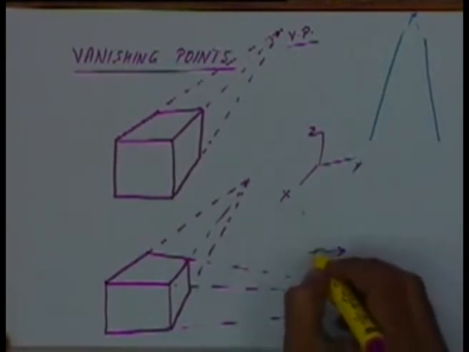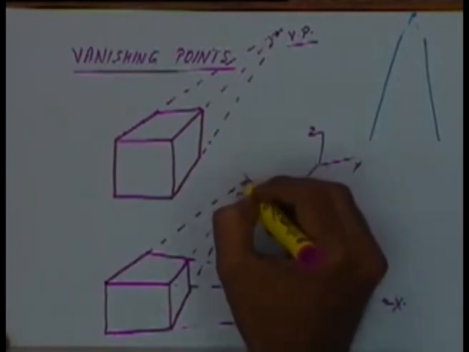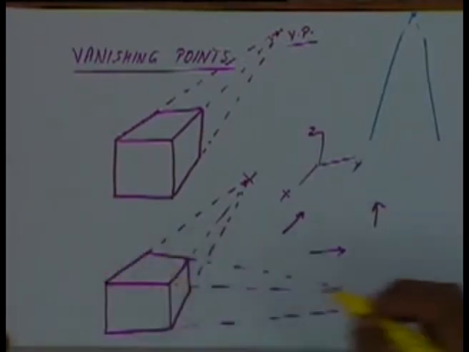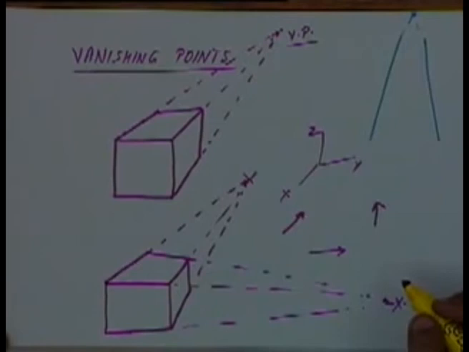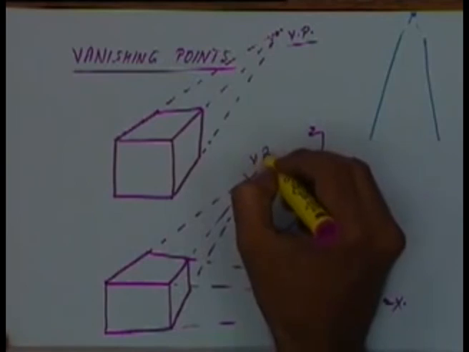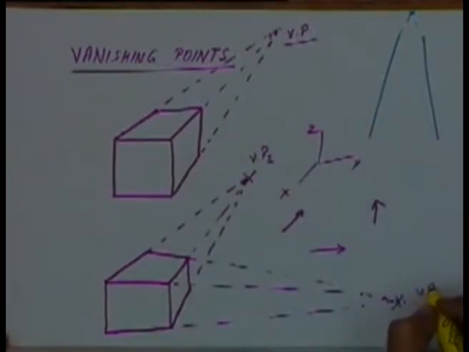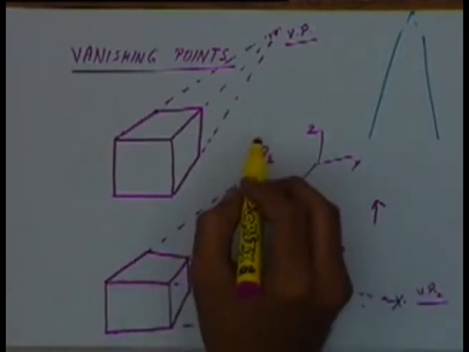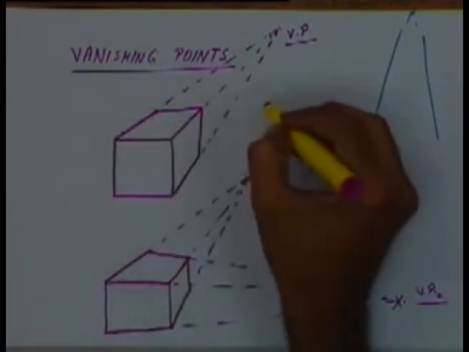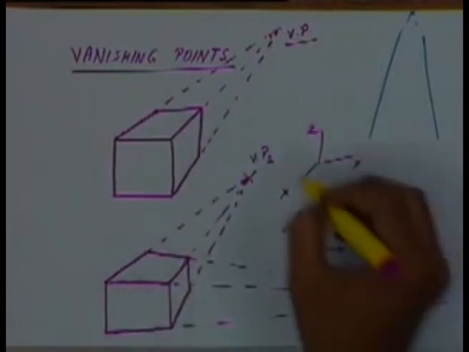All the lines parallel to the x direction seem to come from this point, and all the lines parallel to the z direction continue to be parallel. So here we have two vanishing points. This is vanishing point 1 and this is vanishing point 2. This one corresponds to lines parallel to the x direction, and this one corresponds to lines parallel to the y direction. Lines parallel to the z direction continue to be parallel. So the earlier case had one vanishing point, and here we have two vanishing points.